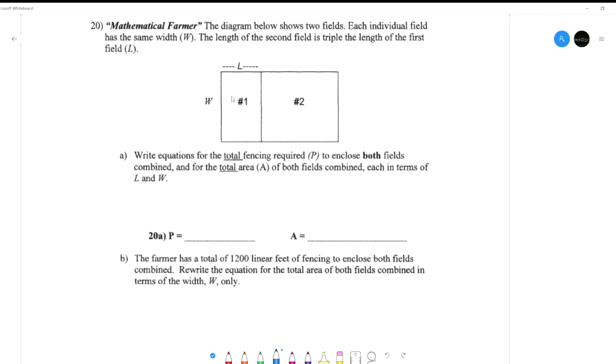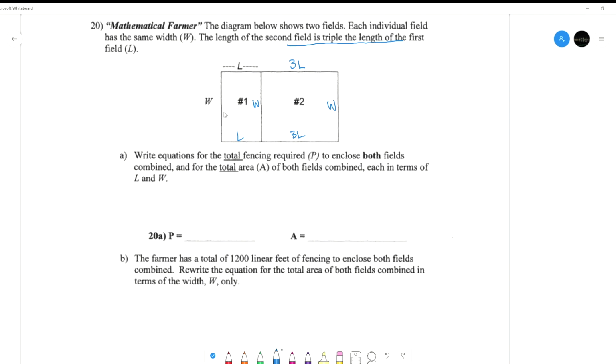So, we have 2 fields, right? The length of the second field is triple the length of the first. So that means this length right here is triple the length of the first, 3L. Okay? Now, in terms of total fencing, that means this represents W, this also represents W, this is L, and this is 3L.